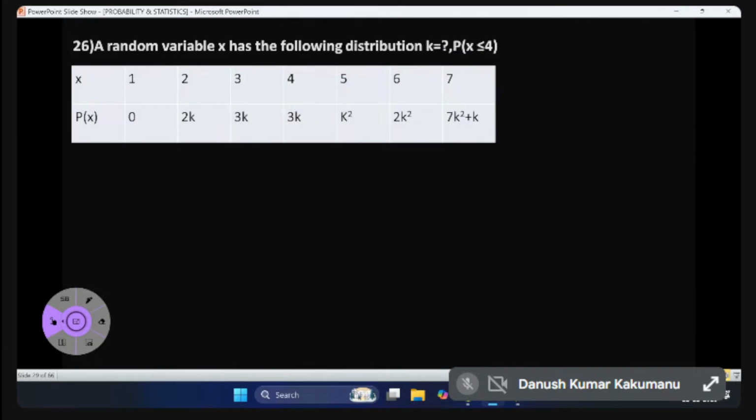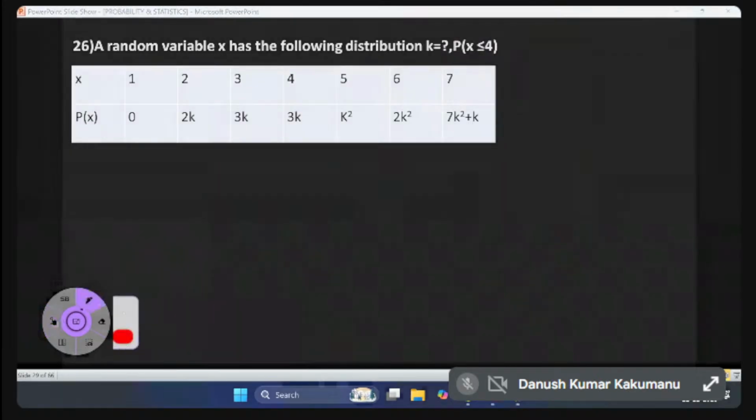How to find the constant k value? This P of x is called a PMF, probability mass function. Tell me how to find the constant k.